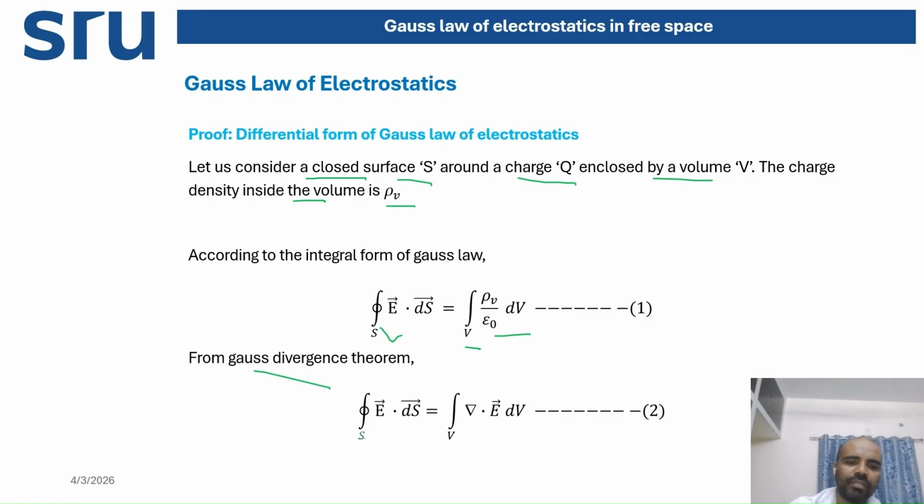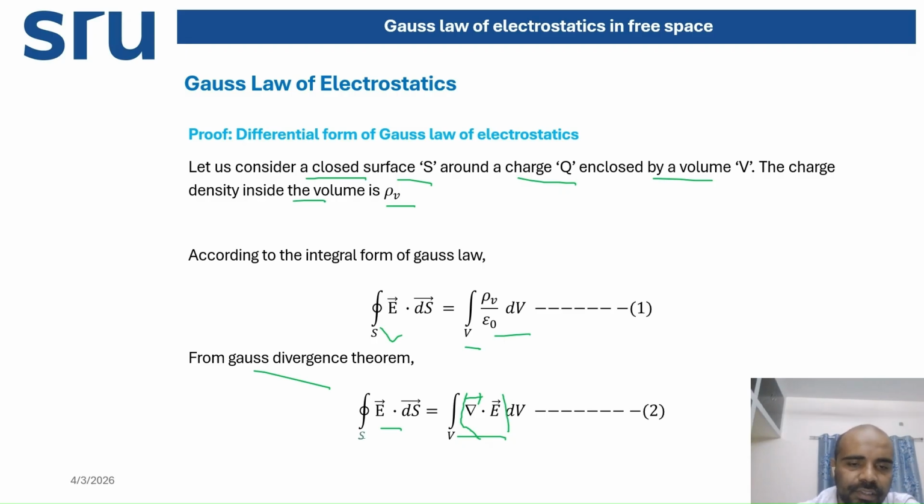Now we can use Gauss's divergence theorem, which converts the surface integral to the volume integral. So by using the Gauss divergence theorem, we can write E dot dS is equal to the integral of divergence E dV.